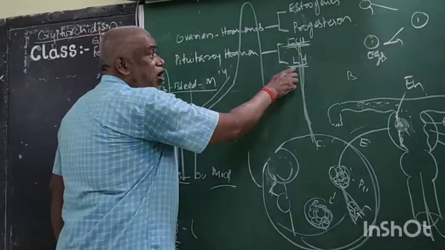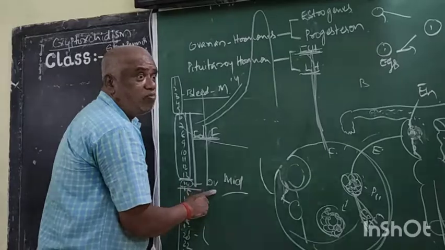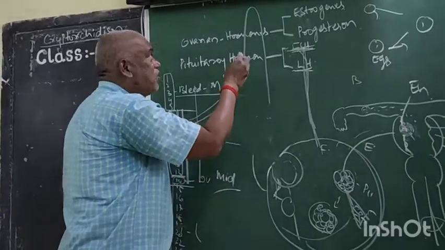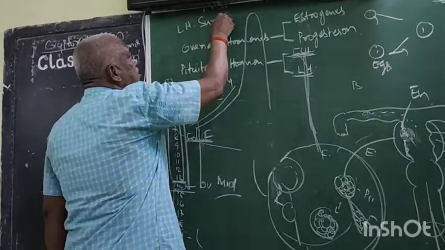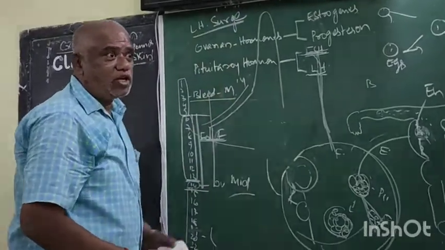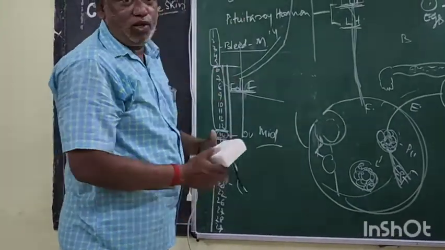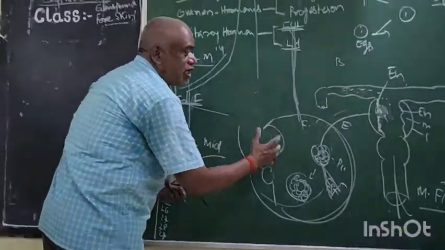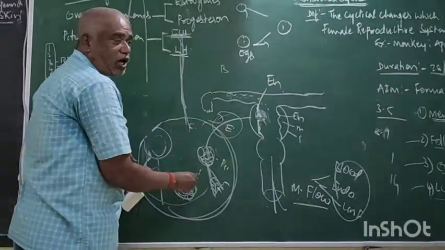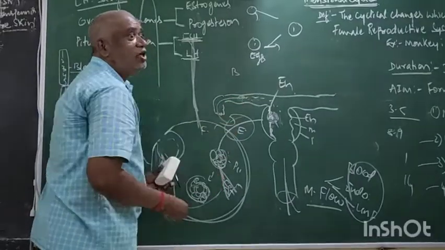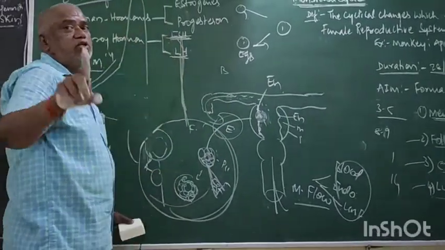This peak level of LH on exactly the 14th day, the middle of the cycle, is called the LH surge. When LH reaches the surge peak level, the Graafian follicle will rupture. The fimbriae collect the egg. This all takes place within 24 hours of the day.